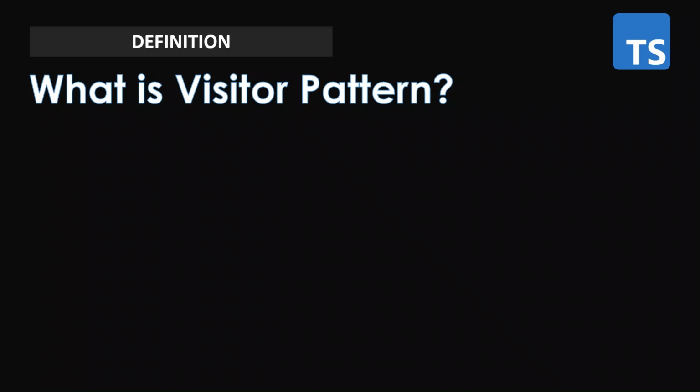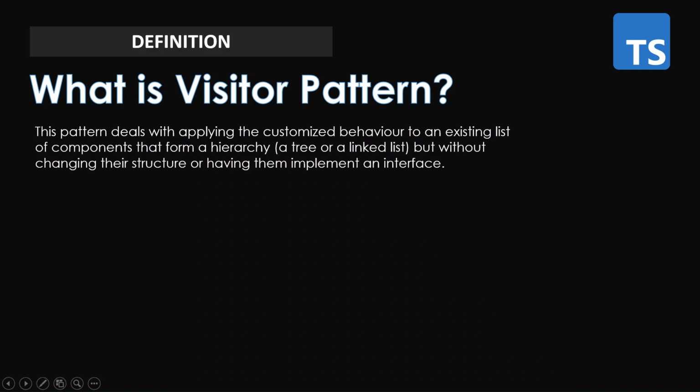Alright, finally the last pattern, the visitor pattern. So let's see what visitor pattern is. This pattern deals with applying the customized behavior to an existing list of components that form a hierarchy, maybe a tree, binary tree, binary search tree, or a linked list, but without changing their structure or having them implement an interface. What does it mean? So this means that you make your components have a method that accepts a reference of a visitor object.